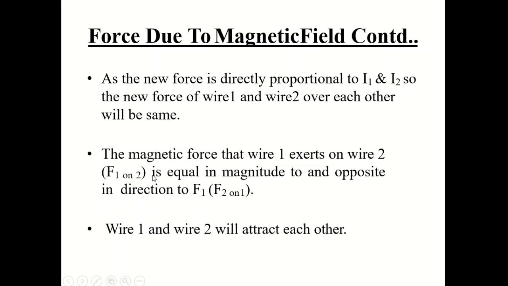That means one wire experiences a force due to wire 2 and the other due to wire 1, so wire 1 and wire 2 will attract each other. Here we are getting an attractive force.